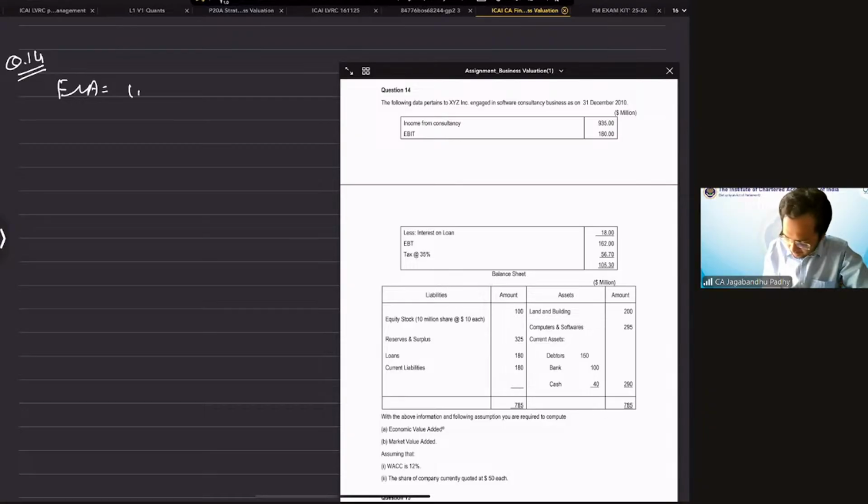Economic value added will be 180 into 0.65 minus total capital employed, which is 100 plus 325 plus 180. 100 plus 325 plus 180 is 605. 605 into the rate of 12%.